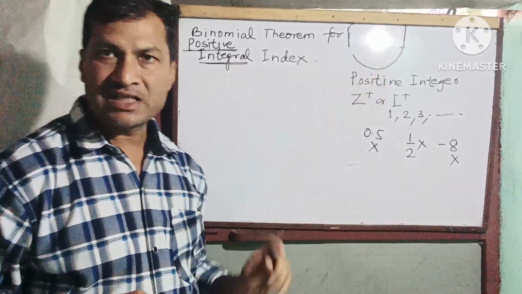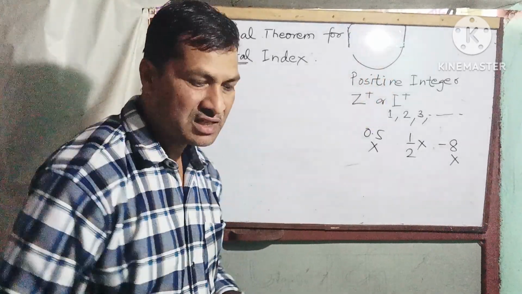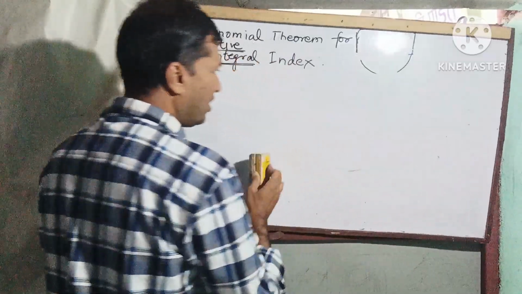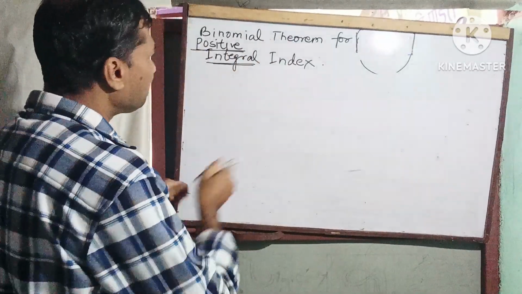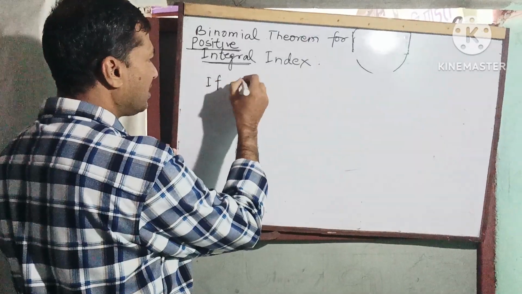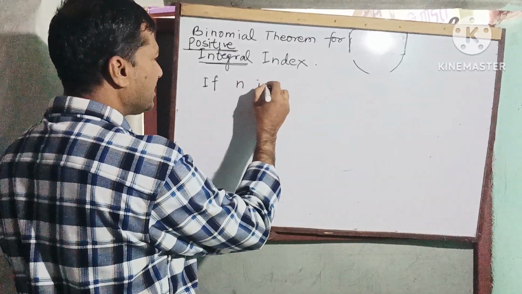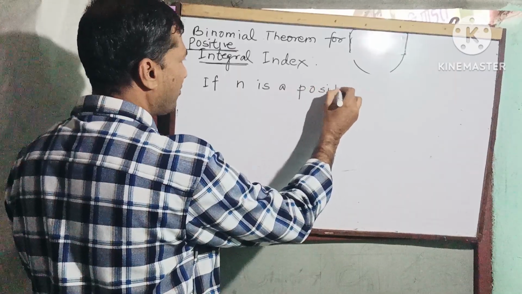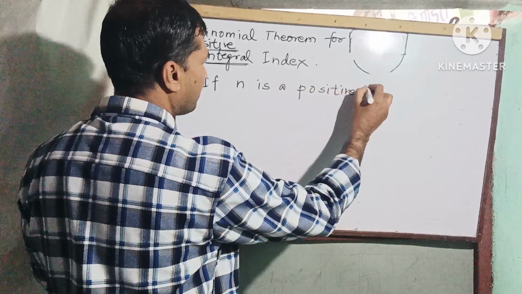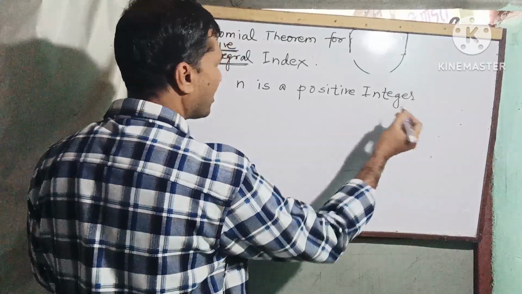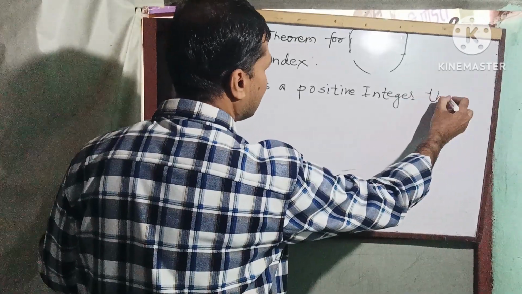So these are the positive integers. Now let us start. If n is a positive integer, then what can we get?